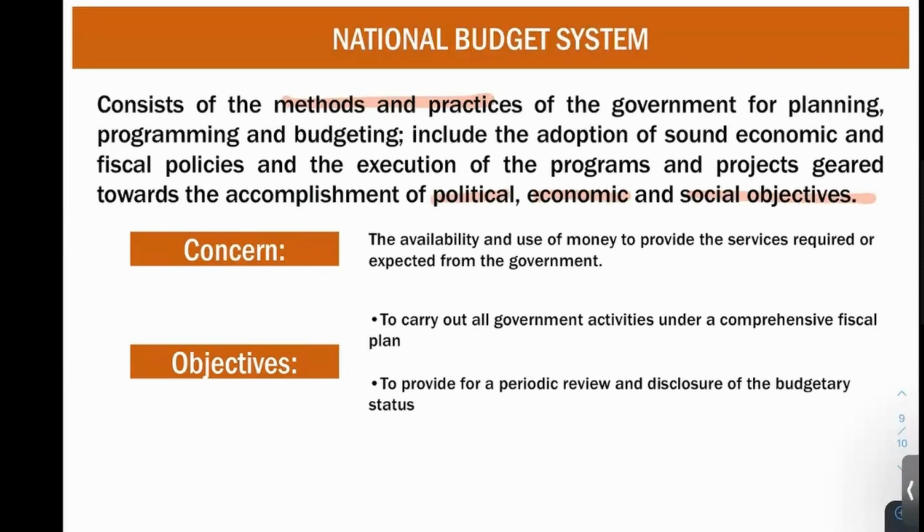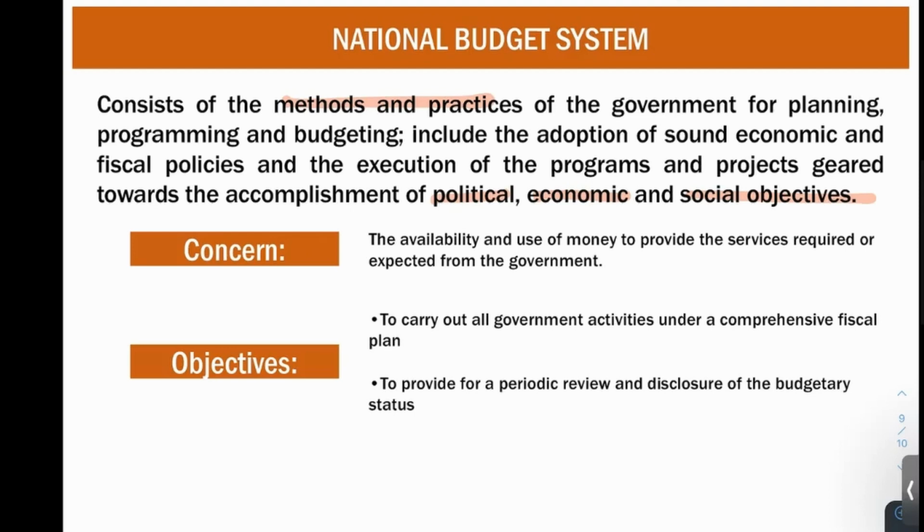objectives. So here, your national budget system, therefore, does not only talk about the allocation of the resources to your different expenses or programs or activities. It is also concerned about sound economic and fiscal policies, including accomplishment of political, economic, and social objectives.